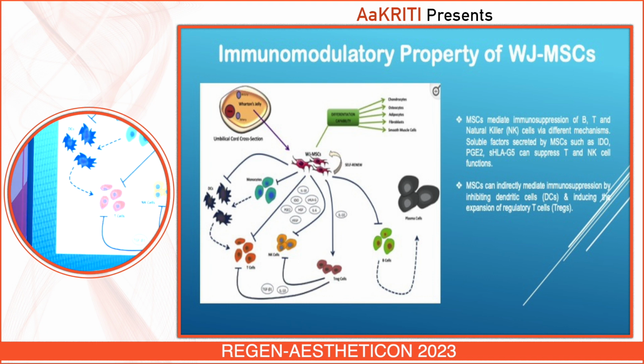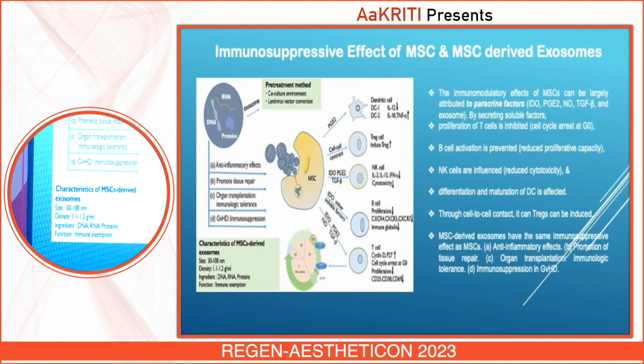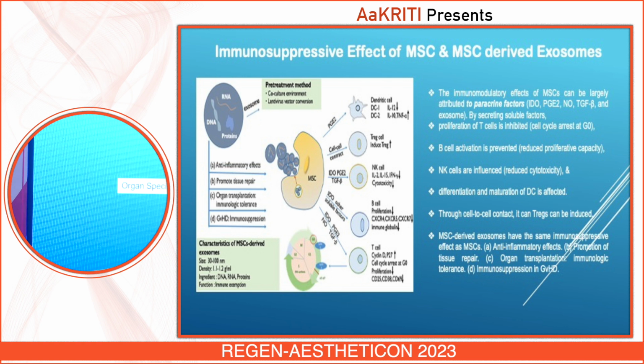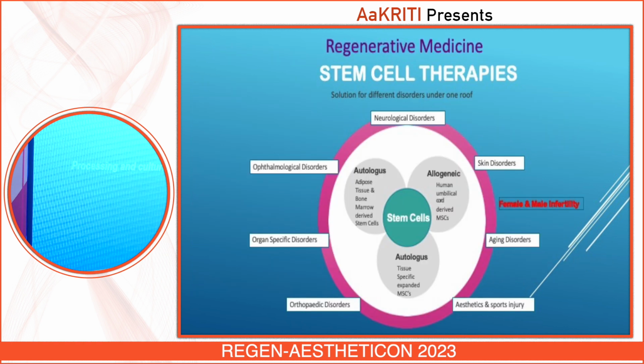The immunomodulatory property, that is the generation of more T regulatory cells, is very important from these stem cells. Another is the anti-inflammatory property, and this is very basic science, so I don't want to go into detail. These two important properties make it more popular in regenerative science. So I can go for the video of how we produce stem cells in the lab.